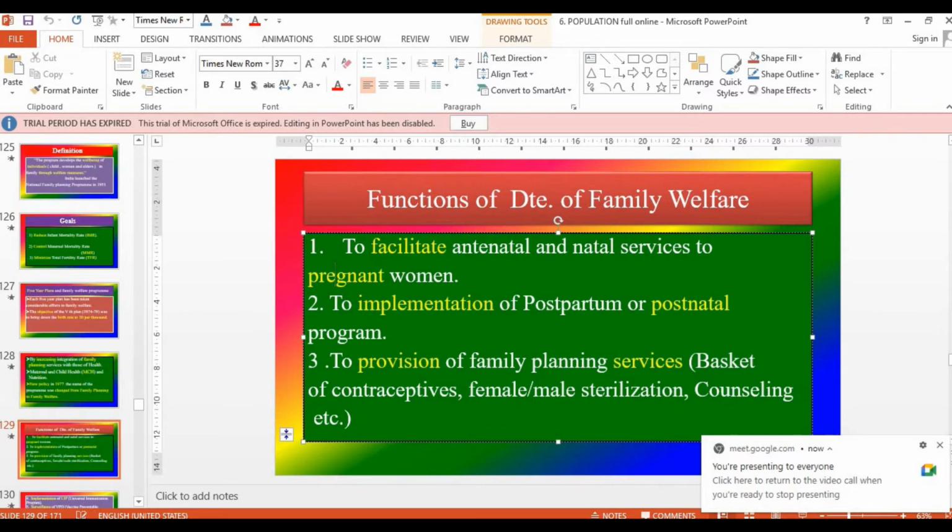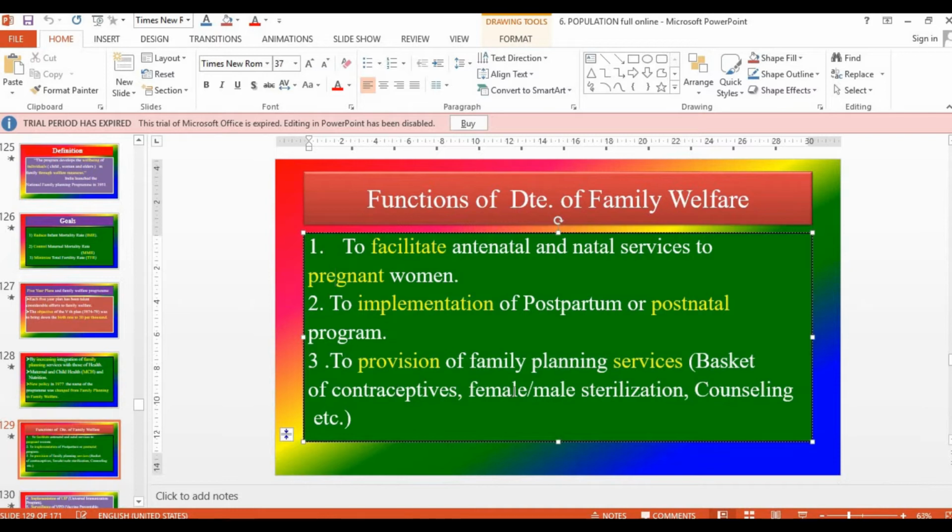Third, provision of family planning services. Example, a basket of contraceptives, condoms, mainly female and male sterilization, surgical procedures, and counseling, etc.